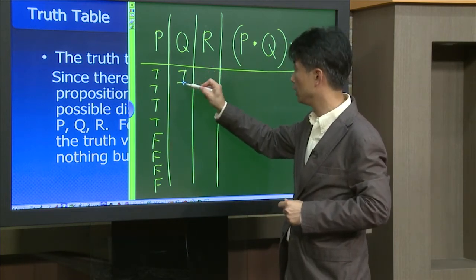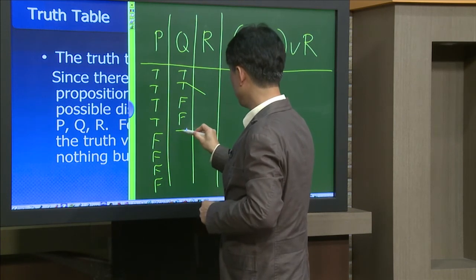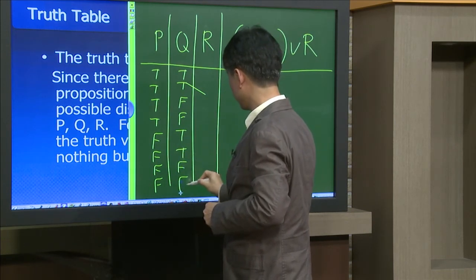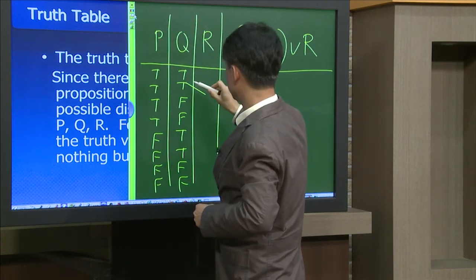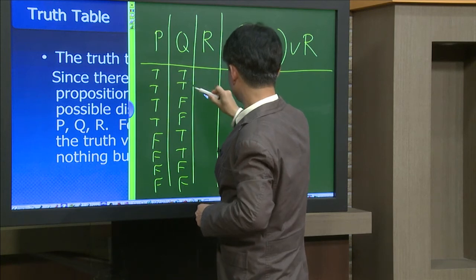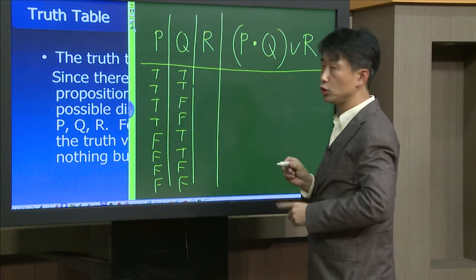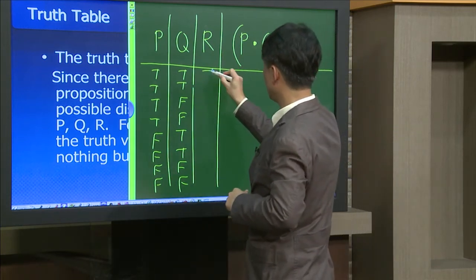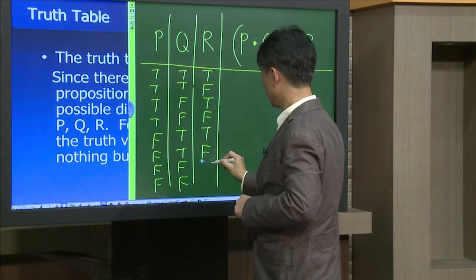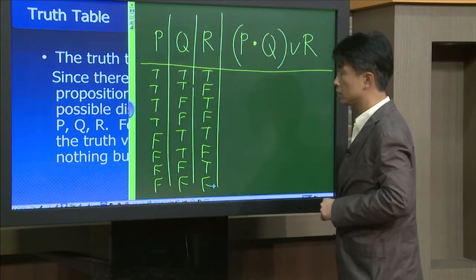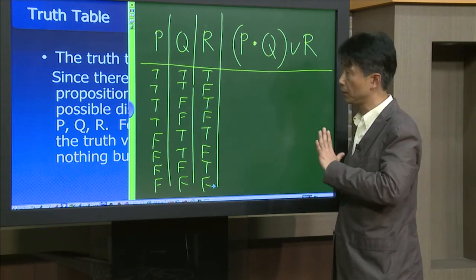So T, T, F, F, T, T, F, F. And for the last one, you alternate by 1. So T, F, T, F, T, F, T, F. So this gives an exhaustive list of all the possible combinations of truth values for P, Q, R.